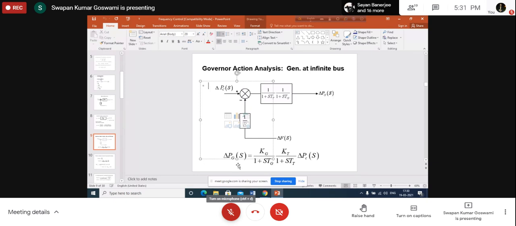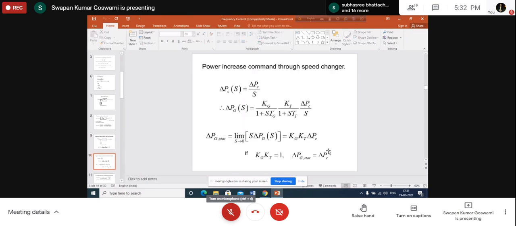Power output, it is delta PGS. This is equal to Kg Kt by (1 plus sTg)(1 plus sTt) into delta PCS. This is the relation.